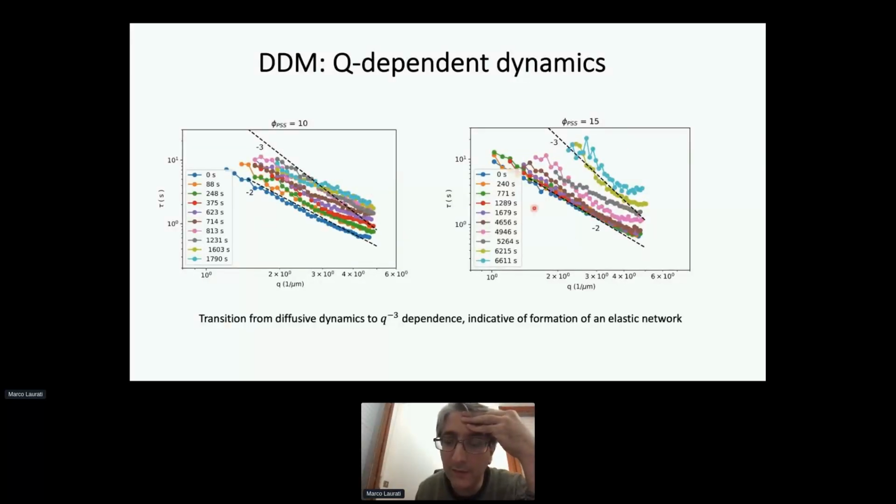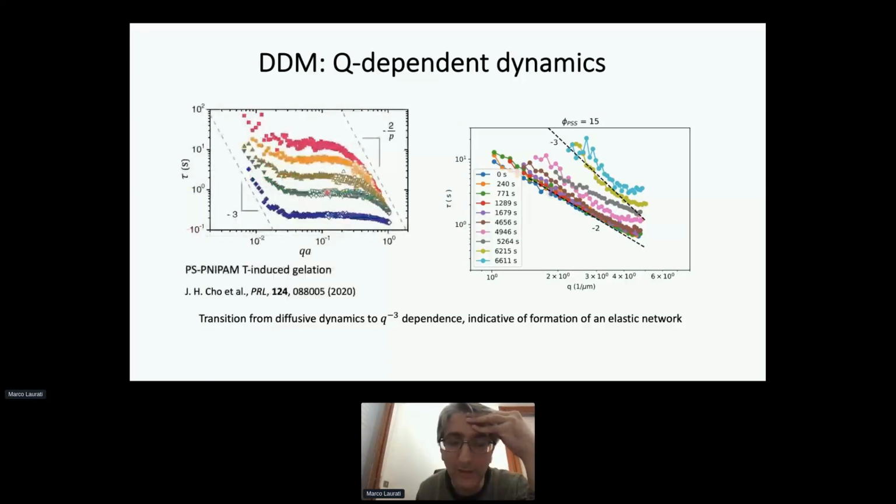But in the second case, for a deeper quench, you see that there is a sudden transition to another Q dependence, which is Q to the -3 in this case, which is indicative, as also shown by some recent works on polystyrene PNIPAM temperature-induced gelation, of network formation in this kind of system.